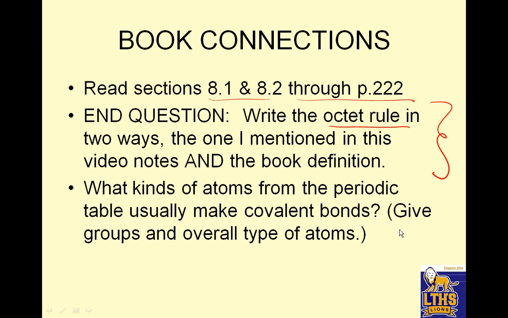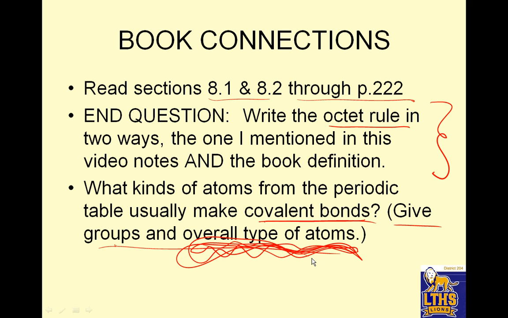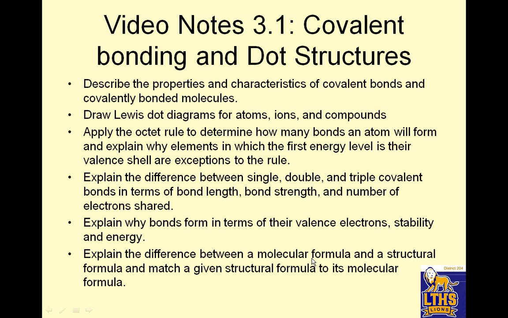What kind of atoms from the periodic table usually make covalent bonds? Look at a periodic table, give group numbers, and tell me what kind of atoms are in those groups.